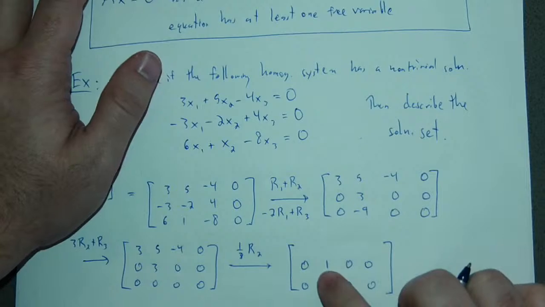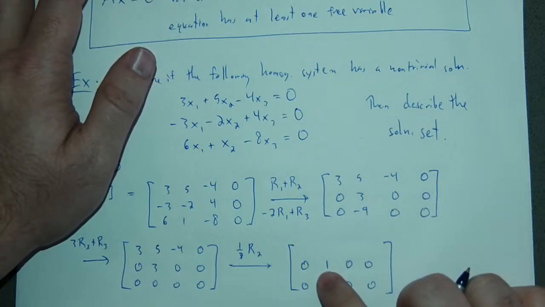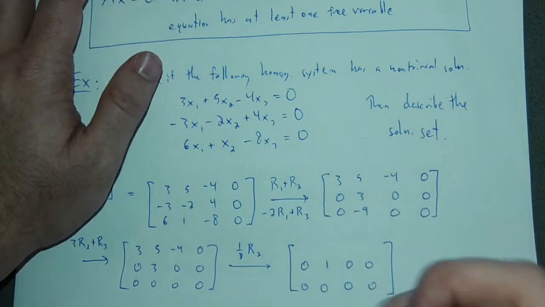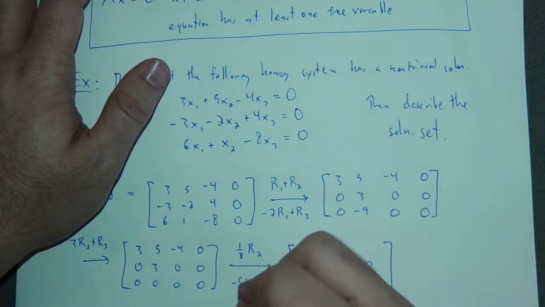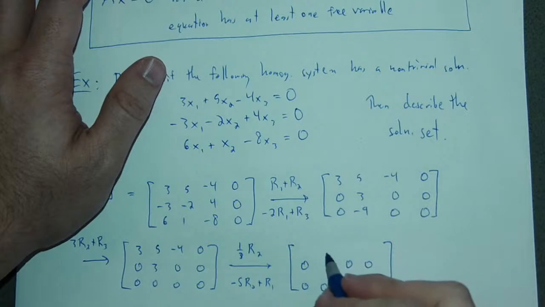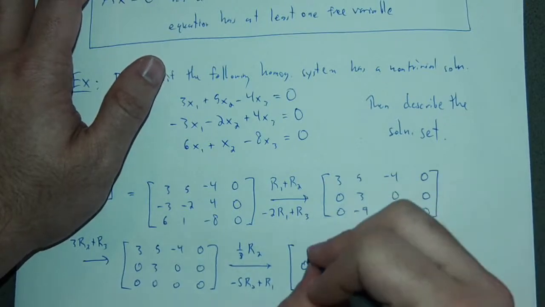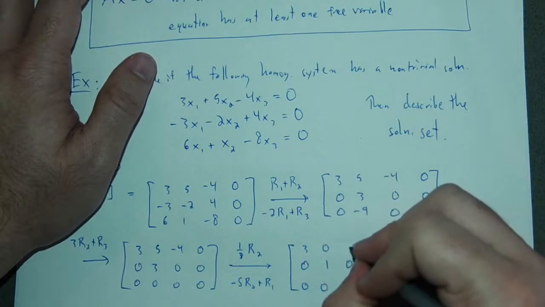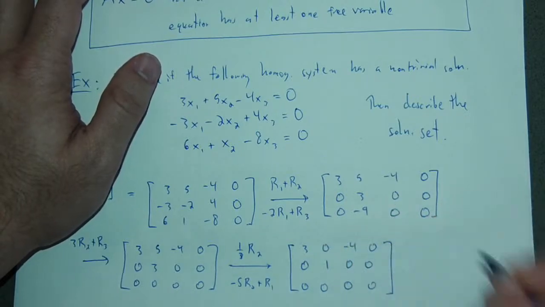And then I can use this to zero out the entry above the 1 here. So that's minus 5 times row 2 plus row 1, replacing row 1, because that's the only entry it's going to affect. So this would be 3, 0, minus 4, 0.